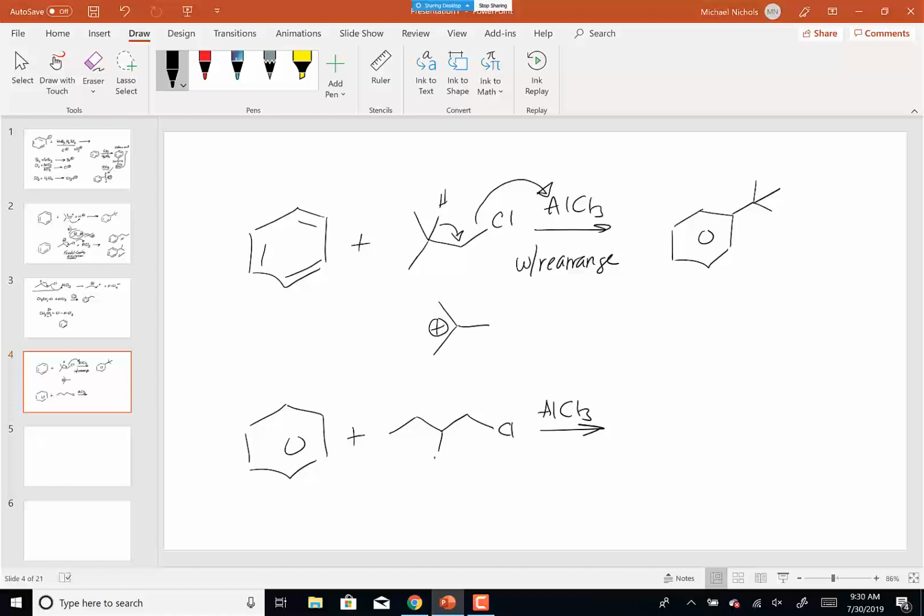So that in this case, the hydrogen on carbon 2 will shift, and I'm going to make a secondary carbocation here from the butyl group. And so I never make a straight chained alkyl benzene using Friedel-Crafts.